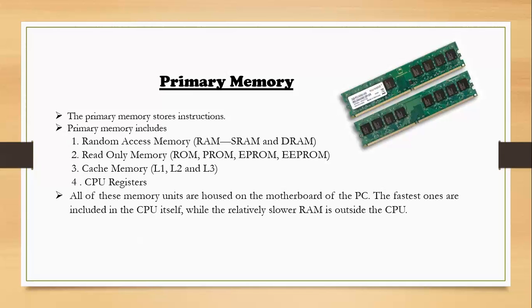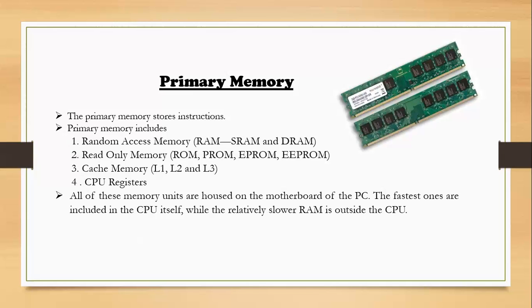If the central processor cannot locate the required instruction in cache memory, then the required instruction or data is searched from main memory. If it is available in main memory, then it is loaded into the processor for execution.